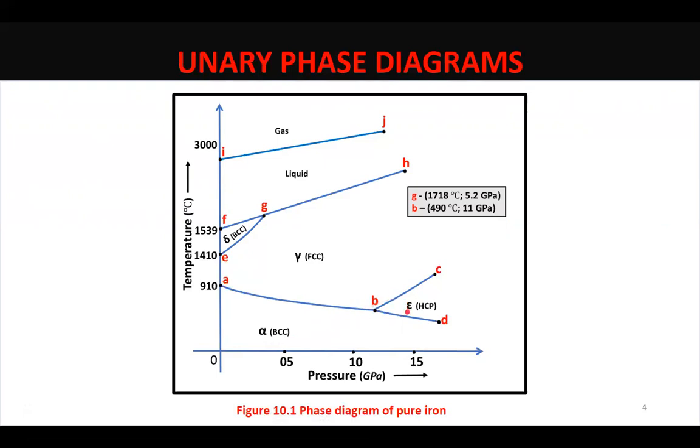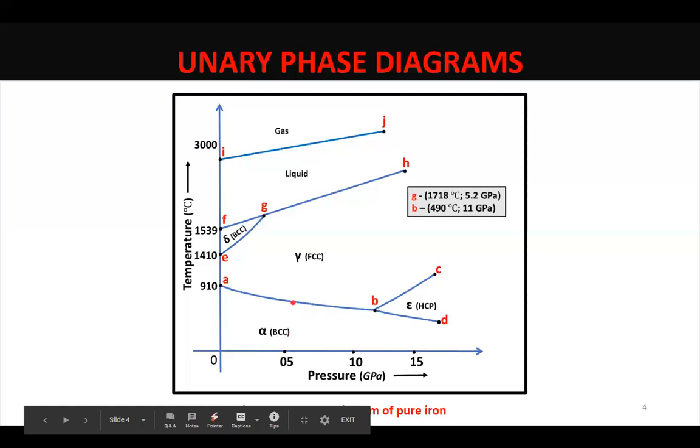Then we have this epsilon phase, we have this gamma phase, we have this delta phase, we have liquid phase, and we have this gas phase. So in all we have about 1, 2, 3, 4, 5, and 6 single phase regions.